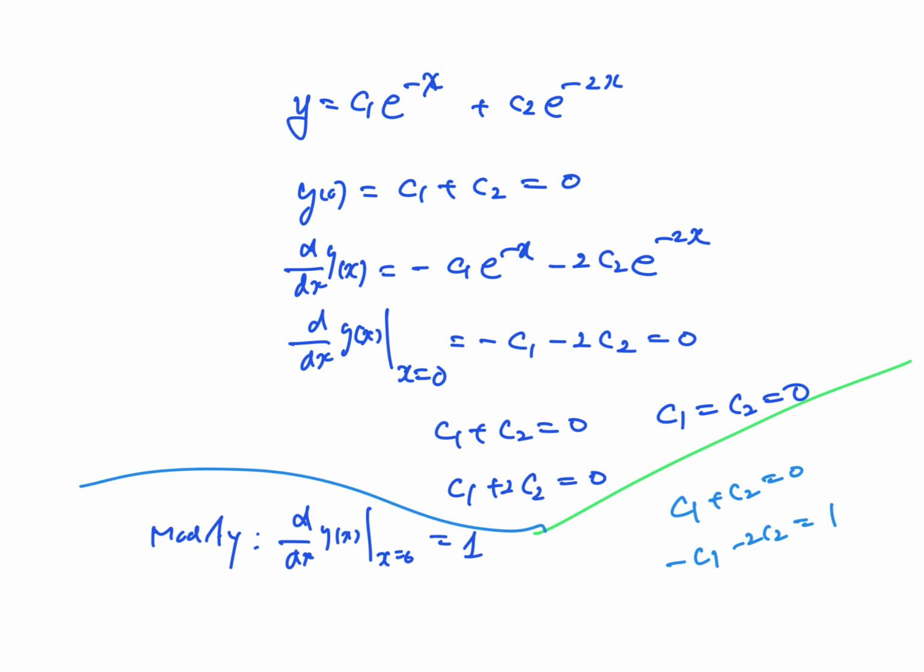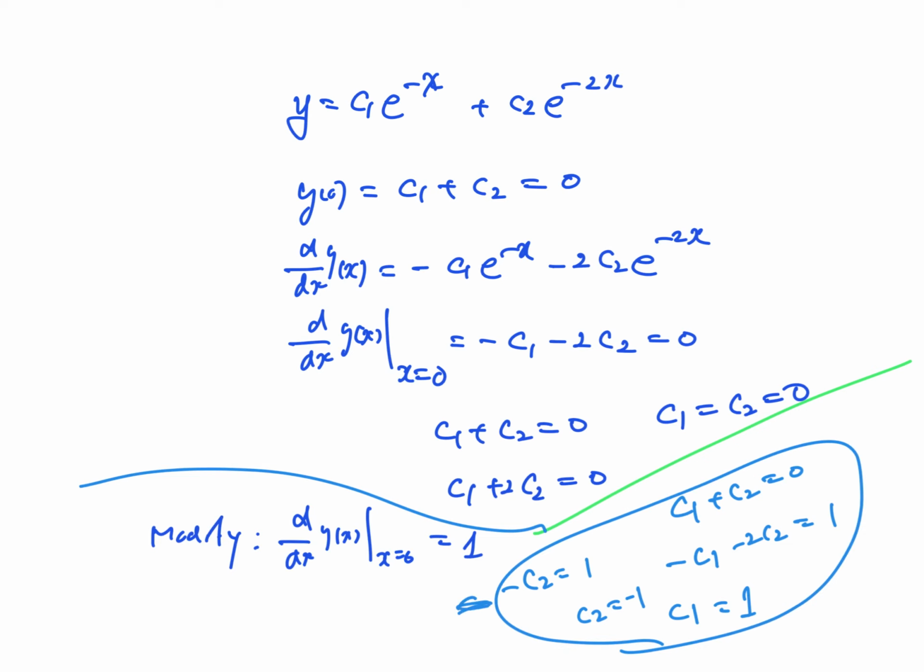So minus c2 is equal to 1, c2 is minus 1, c1 is equal to 1, right? So in this case, we have the solution: y is equal to exponential minus x minus exponential minus 2x.